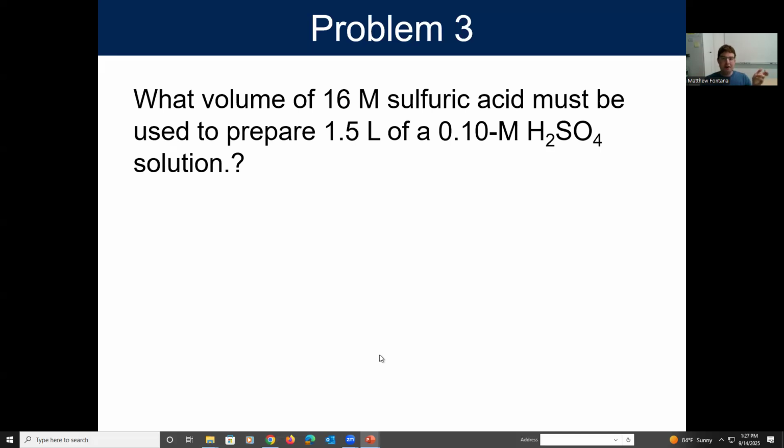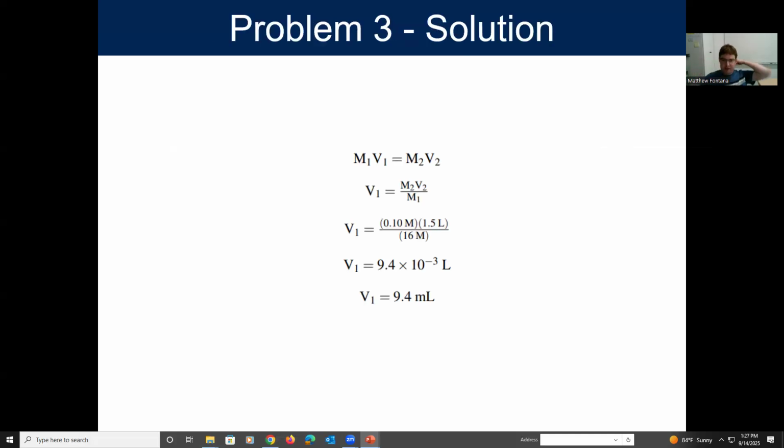Notice that you're given concentration information and volume information. That indicates that you're probably going to be doing an M1V1 equals M2V2 calculation. So you take your M1V1 equals M2V2 and figure out what you're solving for.